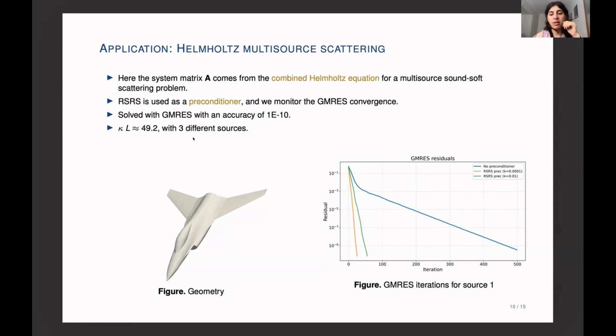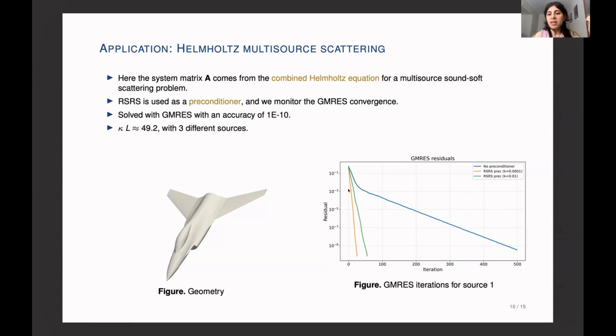So here we have 3 different sources, and we see that without a preconditioner, solving your problem for each source can take more than 500 iterations. This is for a very high accuracy, so if you want very accurate results, you can use this one.